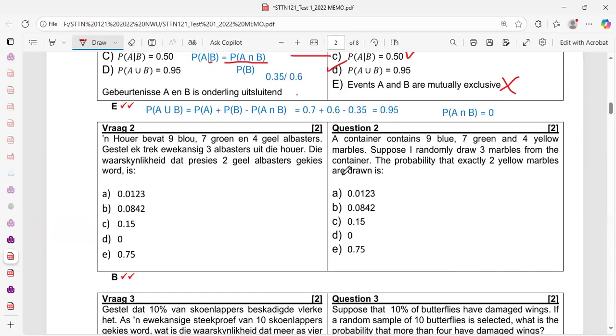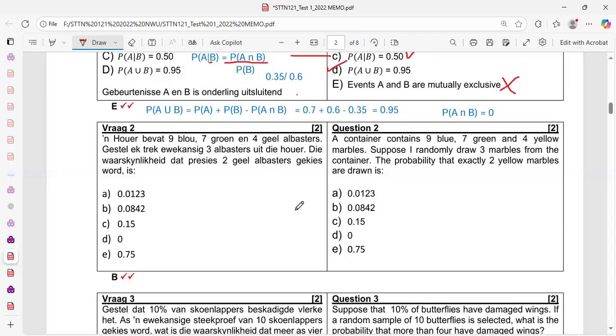Question 2. They say a container contains 9 blue, 7 green, and 4 yellow marbles. Suppose I randomly draw 3 marbles from the container.